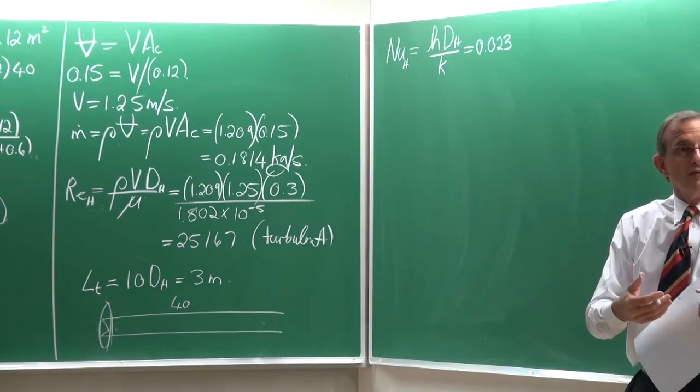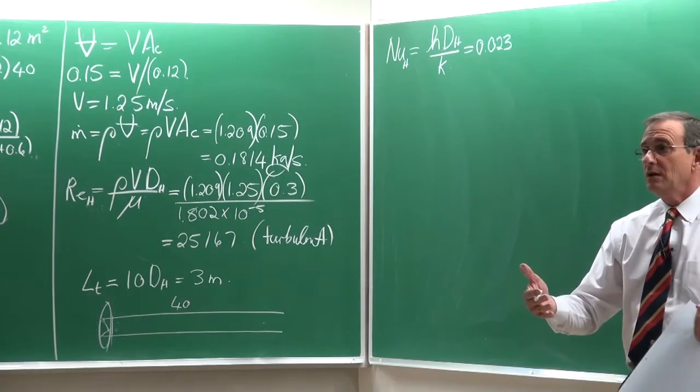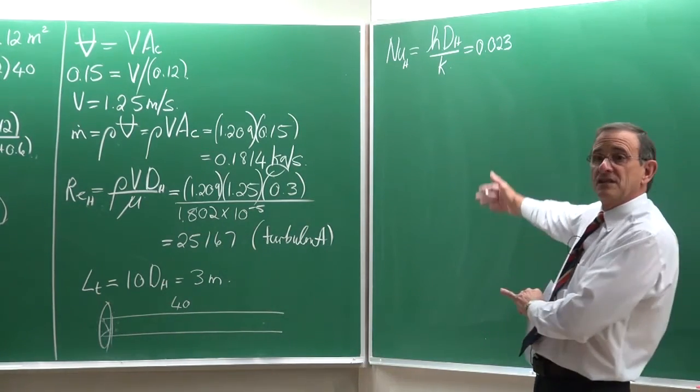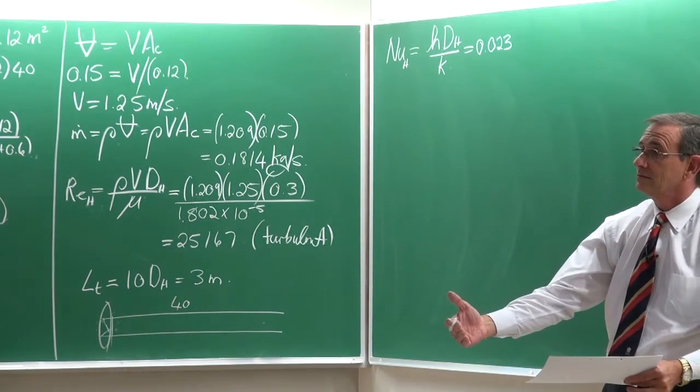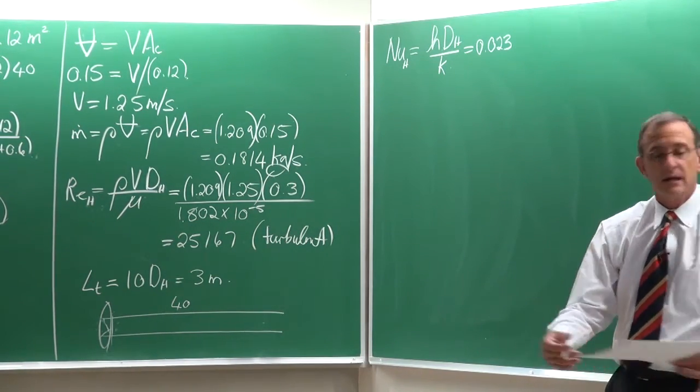With the previous lecture, we've looked at all the equations which are available, and we've discussed the selection of these equations. Why do I choose the Dittus-Boelter equation? Because I'm lazy. It's the easiest one to calculate.